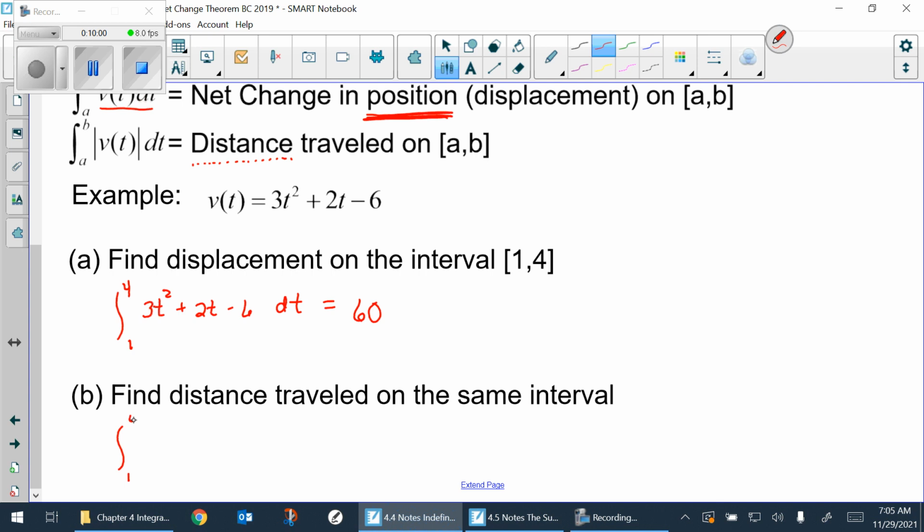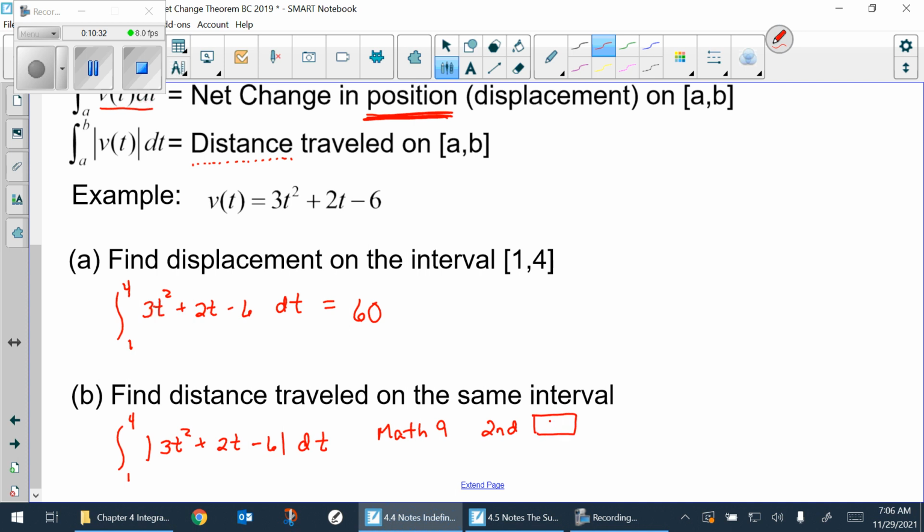Now, if you do the same thing to find distance, integral from 1 to 4, but now we want the absolute value of 3t squared plus 2t minus 6 dt. Now remember, to put that into our calculator, we again have to do math 9 to get our integral. Now to get absolute value, I'm going to press second and then the 0 key.